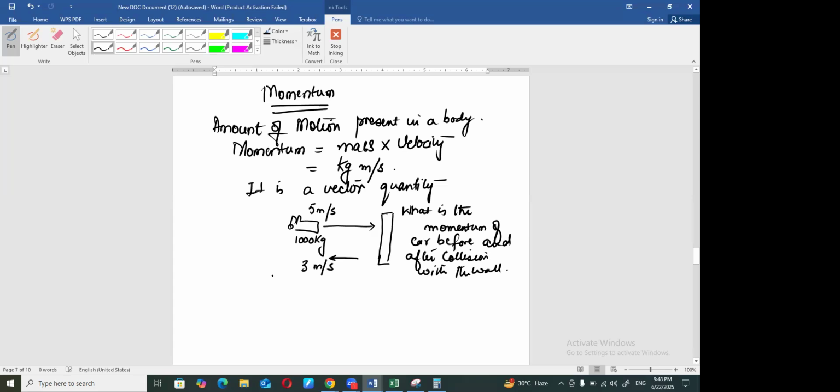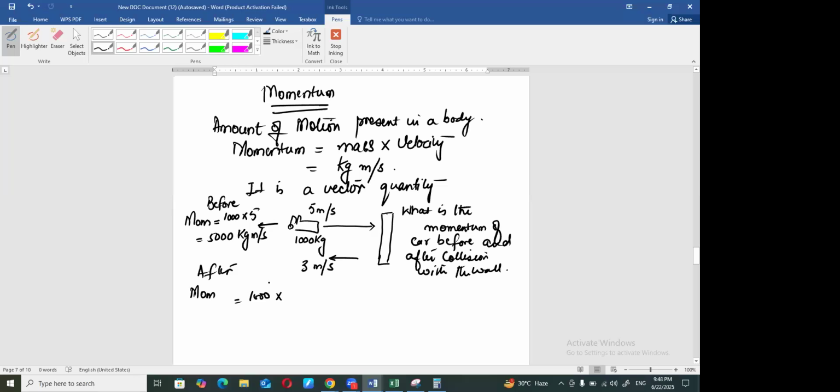Now, this is interesting, right? Before collision, when the car is going to the right hand side, the momentum will be 1000 multiplied by 5. So it is equal to 5000 kilograms meters per second. That is before, right? What about after? After, momentum will be 1000 multiplied by, now this is interesting because the velocity is the rebound velocity.